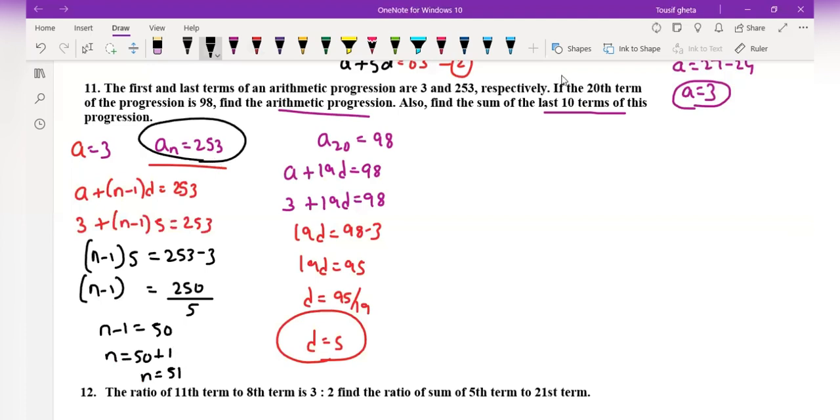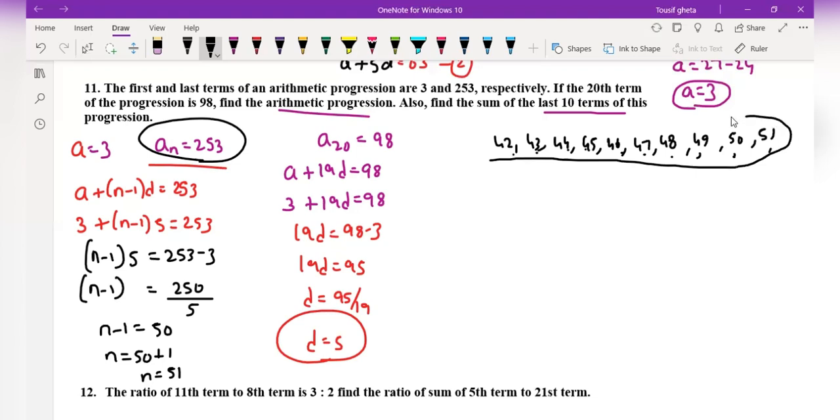Now they are asking to find out the sum of the last 10 terms. Last 10 terms, which ones? 51, 50, 49, 48, 47, 46, 45, 44, 43, 42. Look, 1, 2, 3, 4, 5, 6, 7, 8, 9, 10. So from the 42nd term to the 51st term I will have to add.